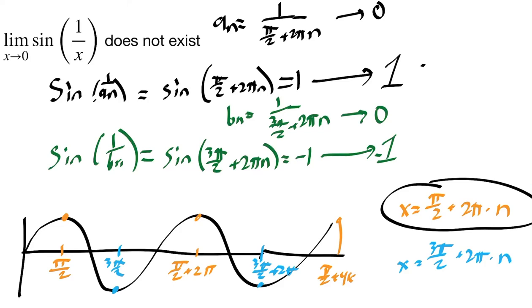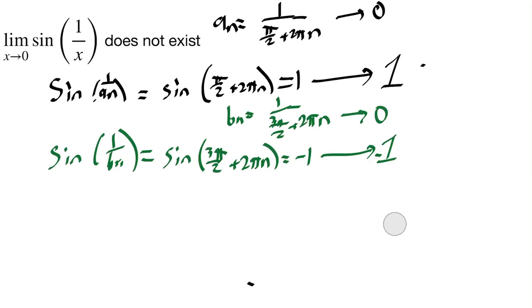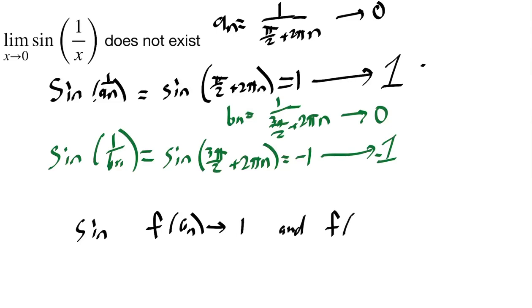And so my conclusion is, because those two converge to different values, my limit has to not exist. Since f of a_n converges to 1 and f of b_n values converge to -1, the limit does not exist.